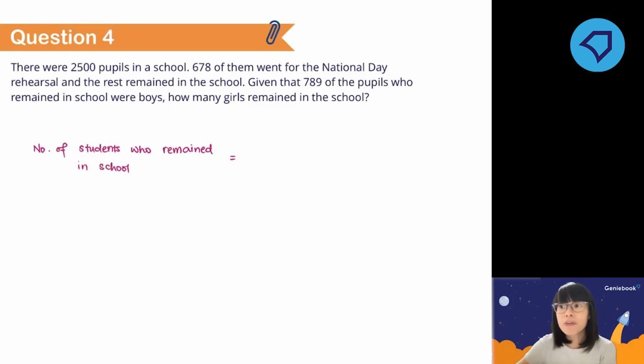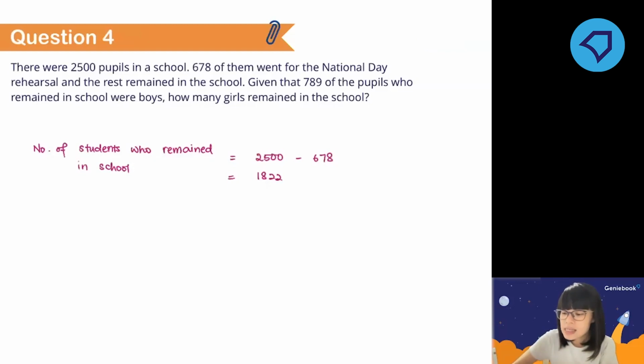To find the number of students who remain in school, you're going to take the total number minus away those of them who went for the National Day rehearsal, isn't it? Yes, okay, so you have 1,822. Thank you very much, 1,822. That would be the correct answer. So there are 1,822 students who remain in school.